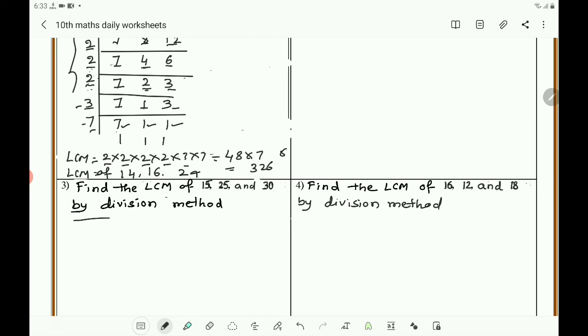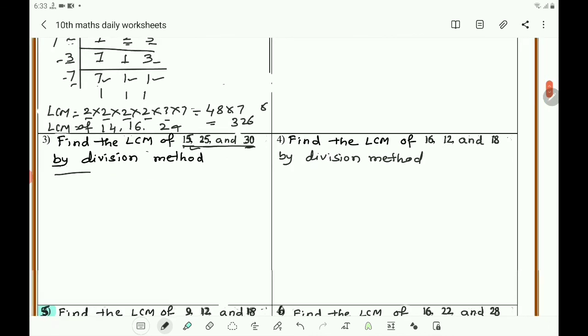Here you take 15, 25 and 30, and you know that all three are not divisible by 2. Next you try to divide by 3. You know that 15 and 30 are divisible by 3, and write 25 as it is. Next you divide by 5. By getting 1 at the end, find the product of all the factors; that is the LCM of the numbers 15, 25 and 30.